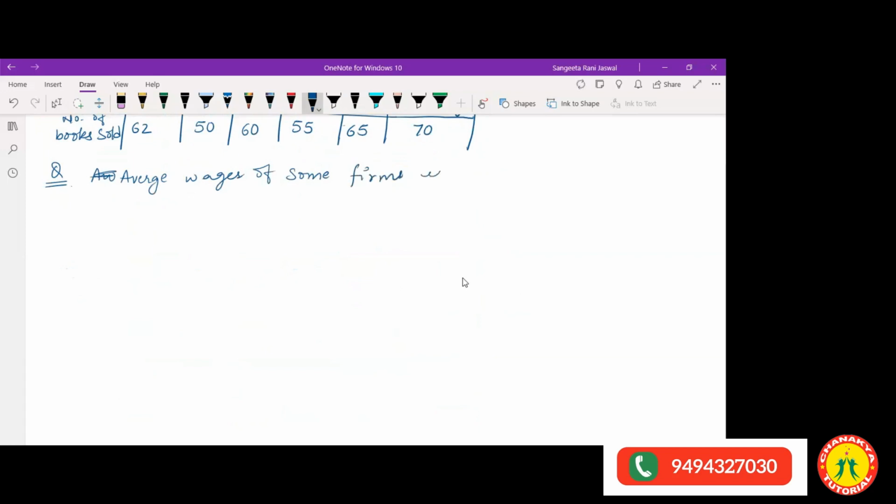Wages means the salaries that the people are getting. Suppose that some people are working in some company, they are getting some salaries. So average wages of some firms is given below. Draw a bar graph to represent the data.